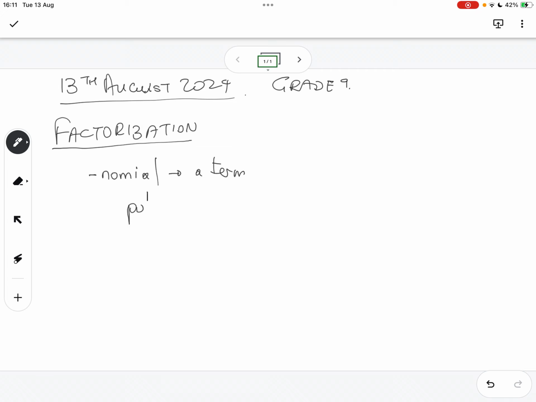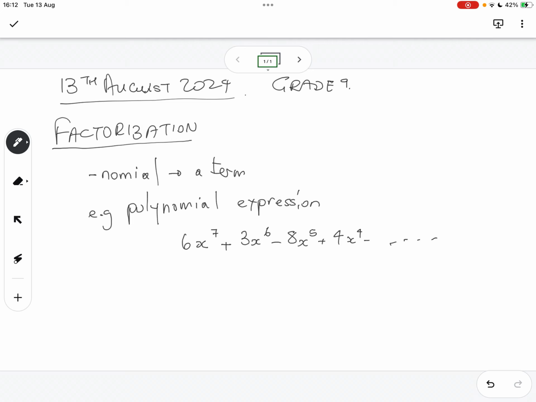So it could be a polynomial expression, for example, 6x to the power 7 plus 3x to the power 6 minus 8x to the power 5 plus 4x to the power 4.